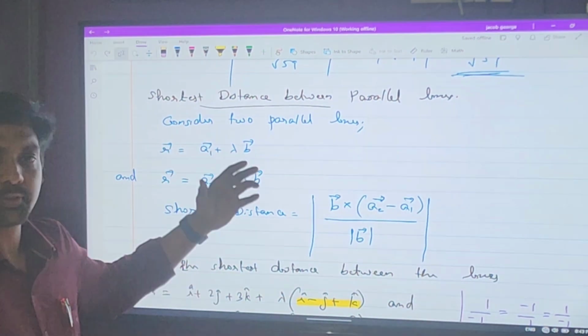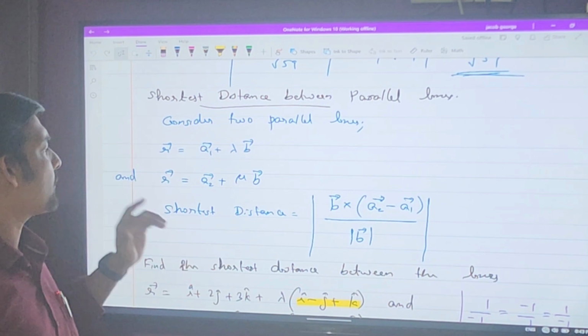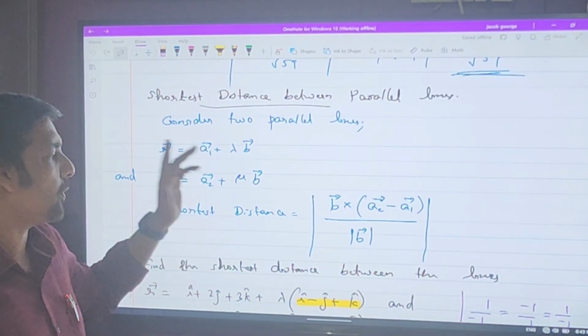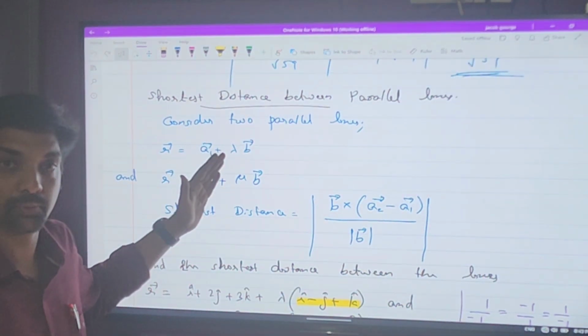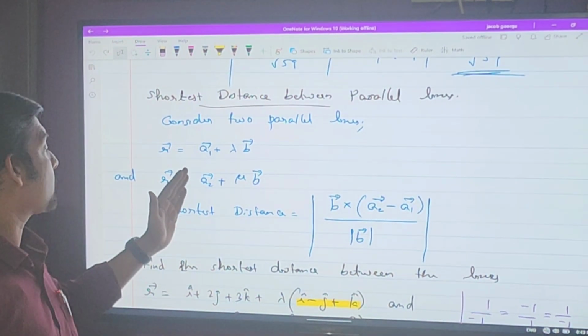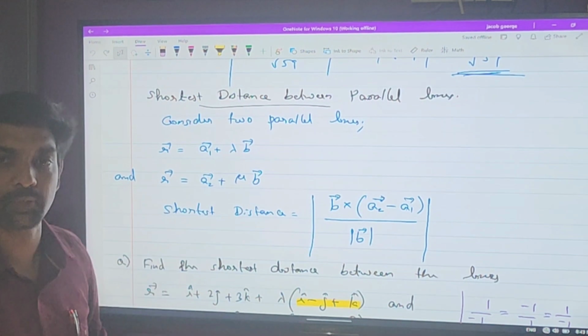Next is shortest distance between parallel lines. For parallel lines, the parallel vectors will be either the same or proportional. So here you can see vector r is equal to vector a1 plus lambda times vector b, and the second line is vector a2 plus mu times vector b.